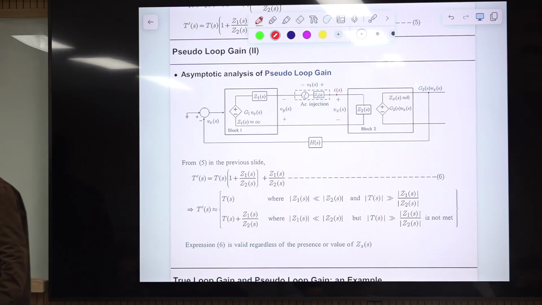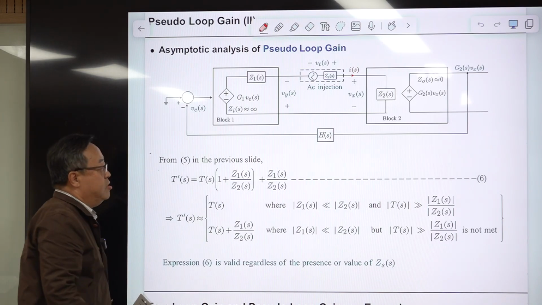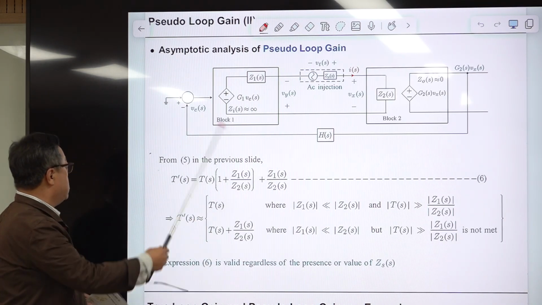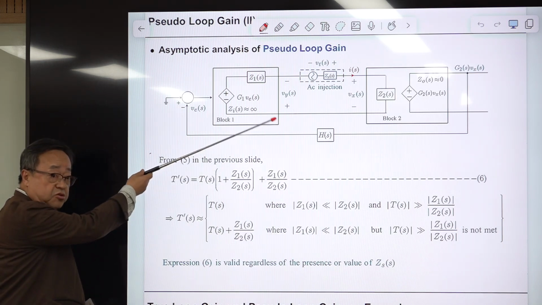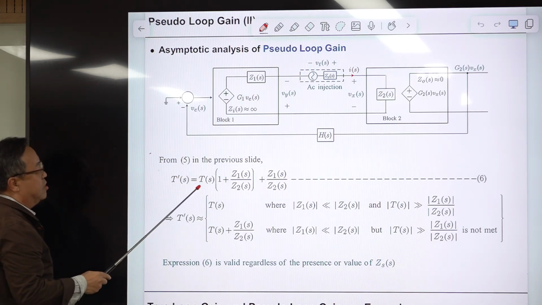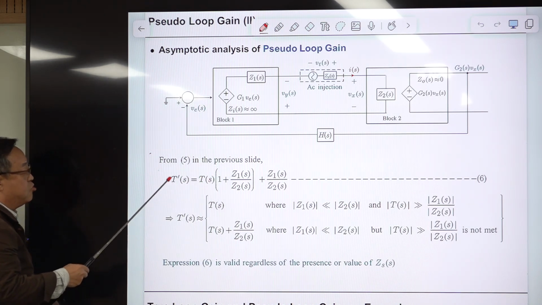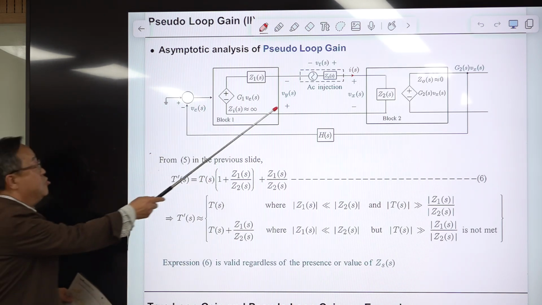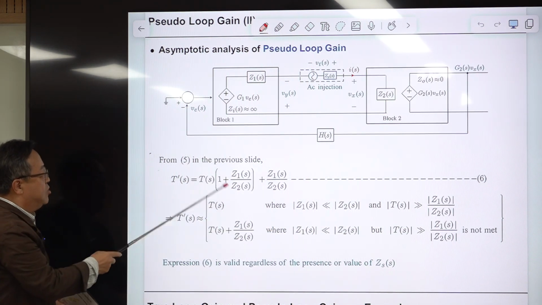All right. Before leaving this page, I'd like to summarize the content of this lecture slide. This equation number 5 came from the previous lecture slide, and this equation describes the relationship between the true loop gain and the pseudo loop gain you are measuring using this AC injection technique. And you have this term.